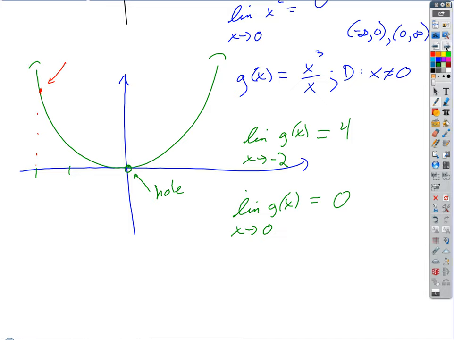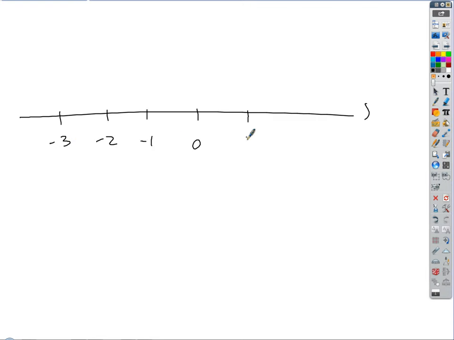What if we change this and draw a more bizarre function here for a second? How about something like this? Okay, so here's our function.